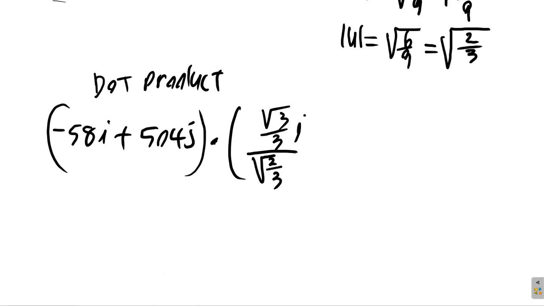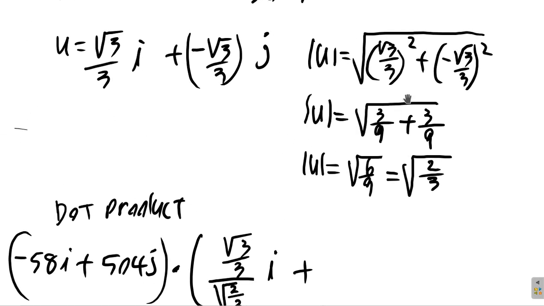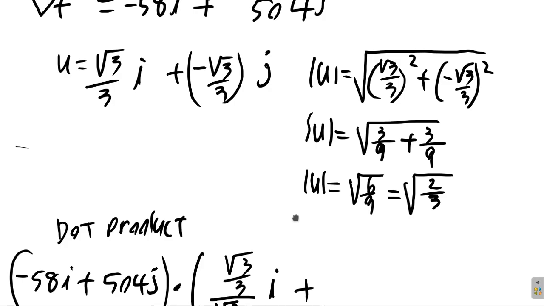Let me put the i some distance away, give it a little space, plus something j. What will that something be? In an exam, you don't have to keep all of these fractions and square roots. You could just work it out as a decimal from early on. But I want to see where this will go. It should be a neat fraction when I finish.